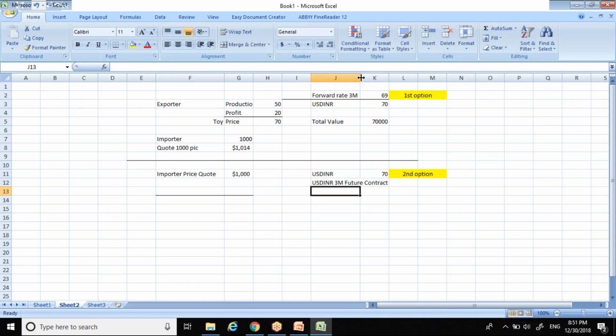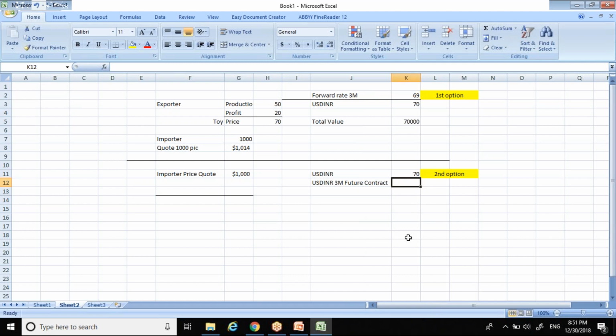Normally 3 months future contracts will be priced higher than 70 because of the opportunity cost. You might have studied the cost of carry model, the future contract pricing for currency, where you have the formula for spot into exponential raised to the power interest rate in domestic currency minus the interest rate in foreign currency. And you might have studied the concept of interest rate parity. So basically the 3 months future contract, because of the opportunity cost, might be priced higher, let's say at 71.